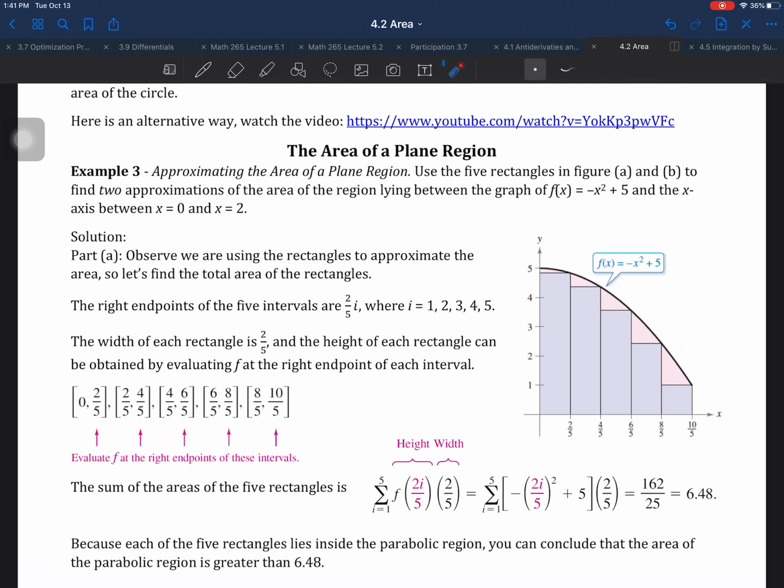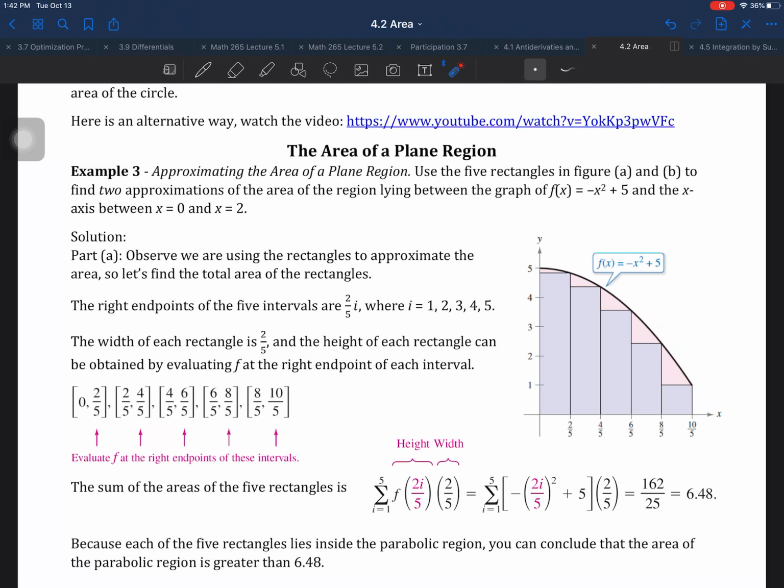So let's talk about this concept. Let's continue with this, because it's going to help us understand why we're doing the following things. So let's find the area of a plane region, right? We promise that in this section we're going to learn how to find the area under the curve. So in this example, you have a curve. This is your curve, f of x equals negative x squared plus 5.